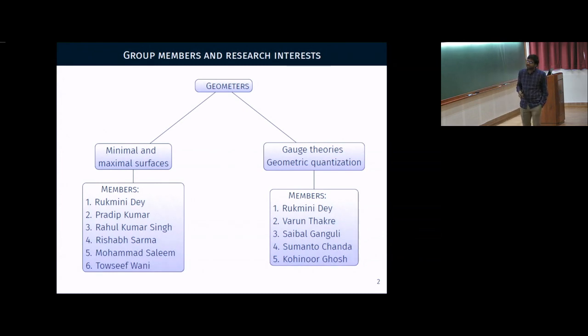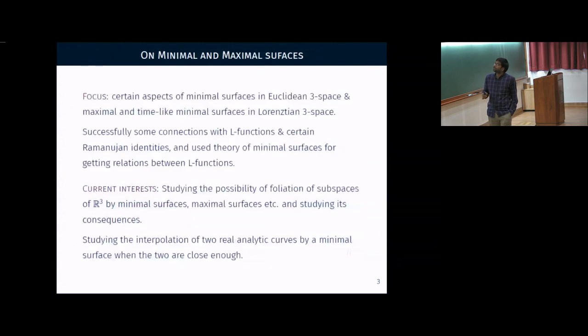There are two external members in this group, Pradeep Kumar and Rahul Kumar Singh. We also have Rishabh Sharma, Mohammad Salim, and Tausaf Mani. And the gauge theory group consists of, again, Rukmini, myself, Saibal, Sumanto, and Kohinoor. So in case you have questions, you know to whom it should be directed.